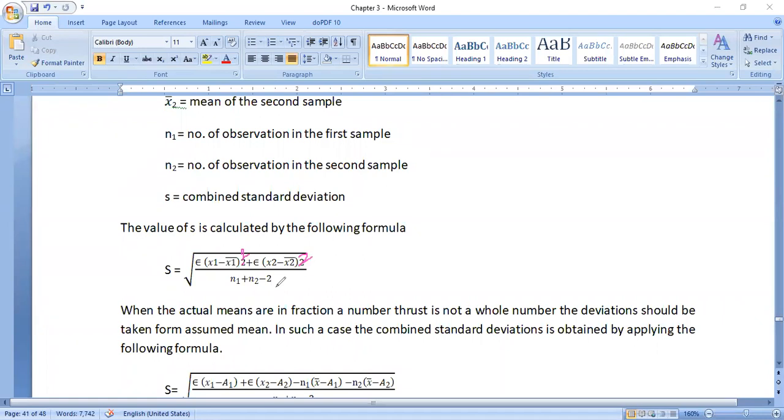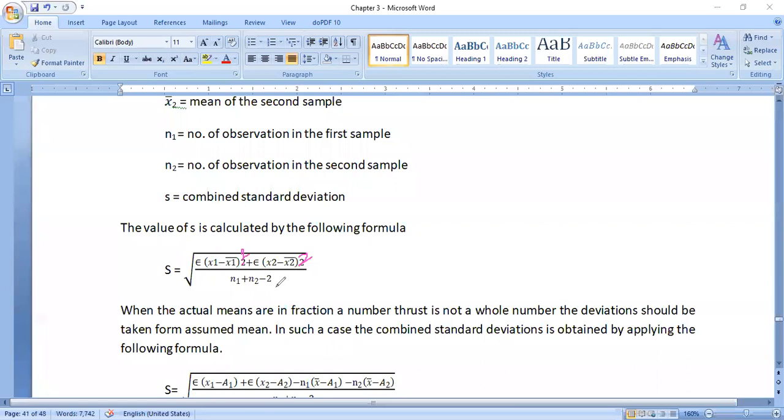To obtain the s value this formula will be applicable. So we need to find out sigma (x1 minus x bar 1) whole square and sigma (x2 minus x bar 2) whole square. Then the n1 and n2 values are clearly given in the question.